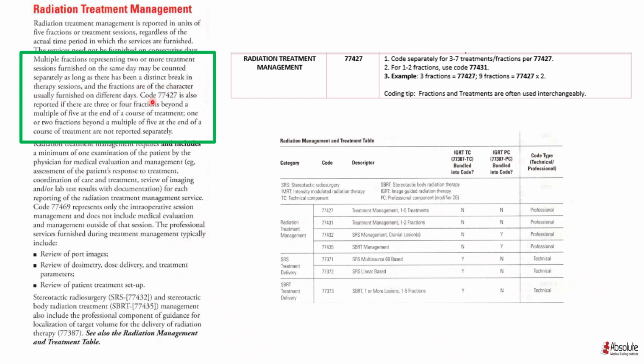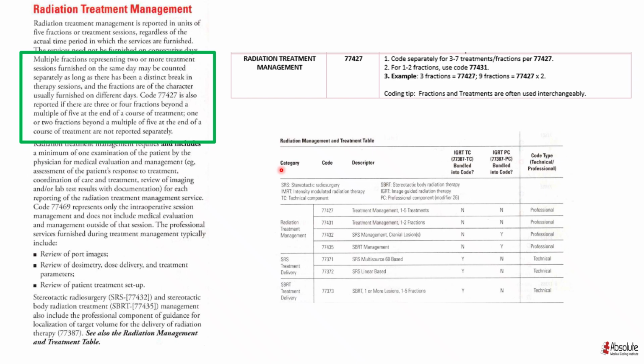However, code 77427 is also reported if there are 3 or 4 fractions beyond a multiple of 5 at the end of the course of treatment, right? But 1 or 2 fractions beyond a multiple of 5 at the end of the course of treatment are not separately reported. Okay, coders.